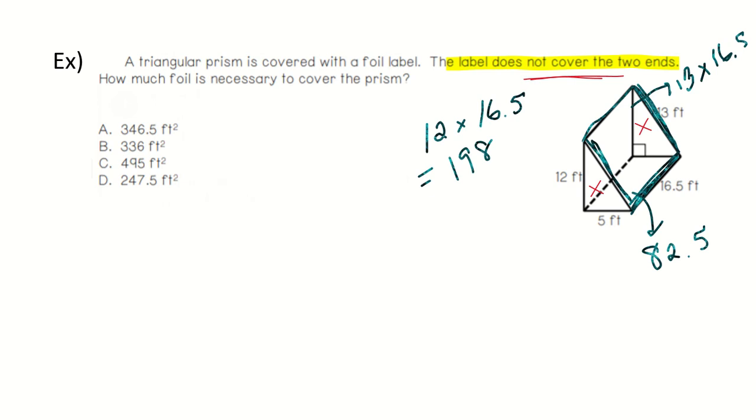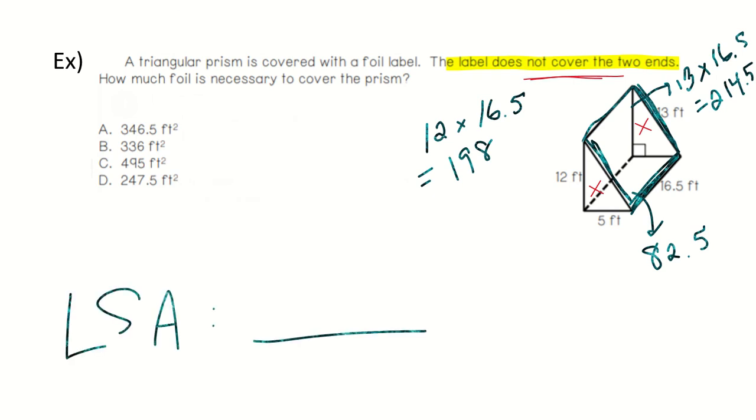And that gets us 214.5. Okay, so we have all of the sides that would be included as lateral surface area. Now we just need to add those up to get our answer. 214.5 plus 198 plus 82.5. The answer is 495 feet squared.